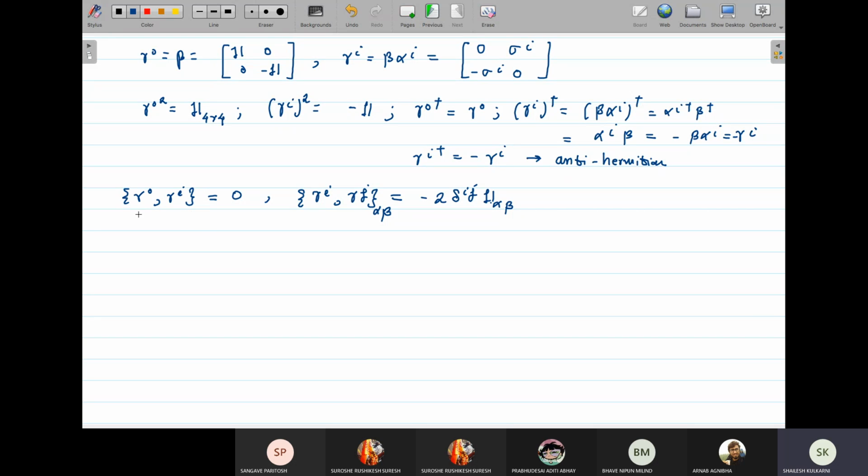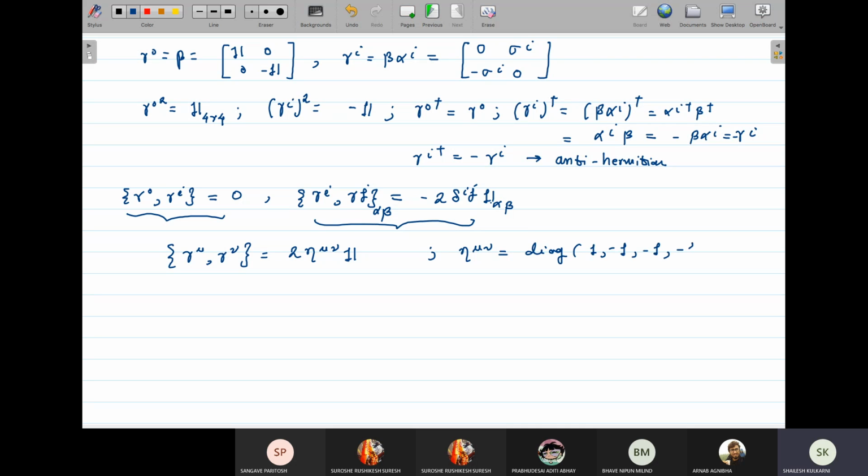Fine. So now we can combine this expression and this expression, and we can write the anti-commutator of gamma mu and gamma nu as twice eta mu nu times identity, where eta mu nu is the diagonal matrix of your usual metric.